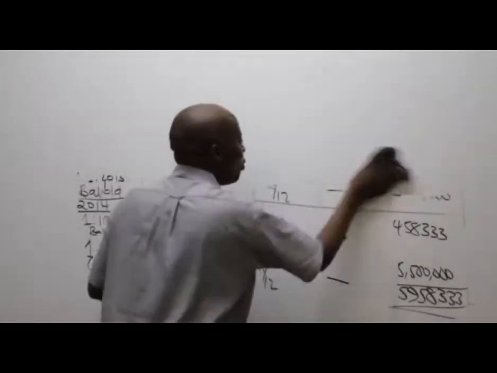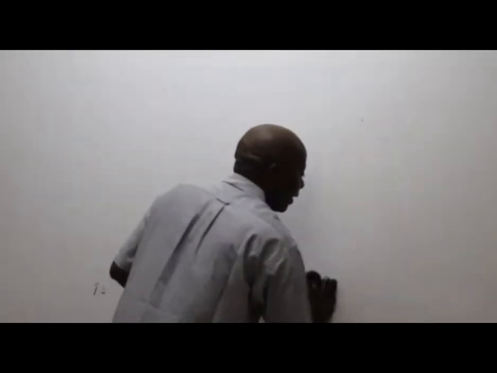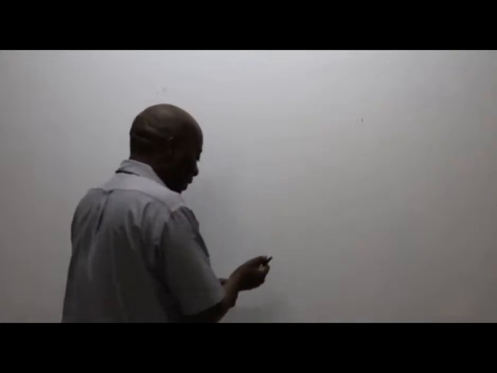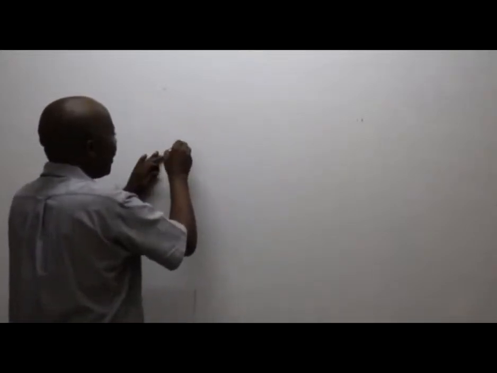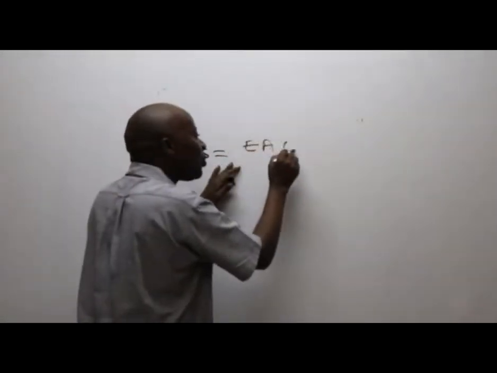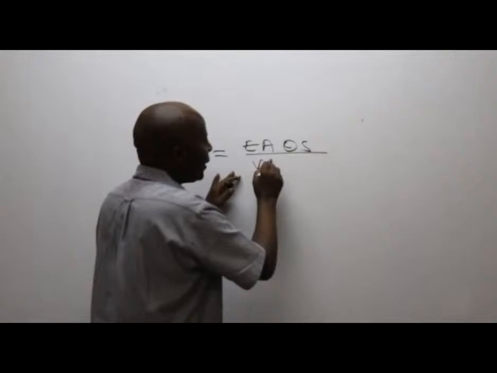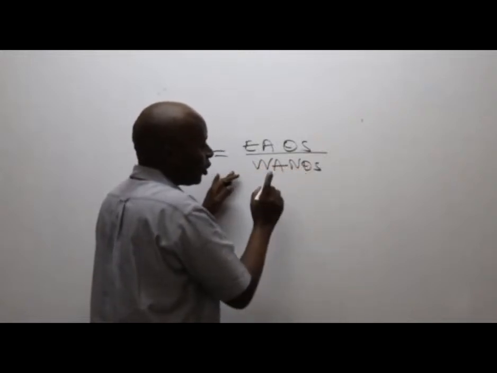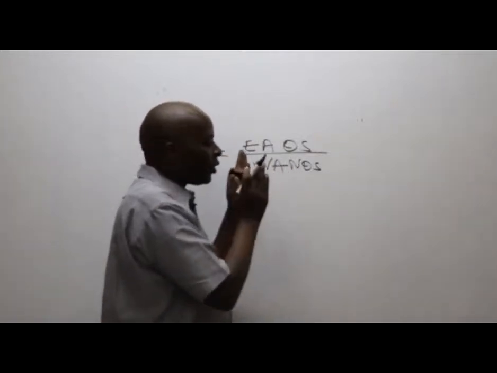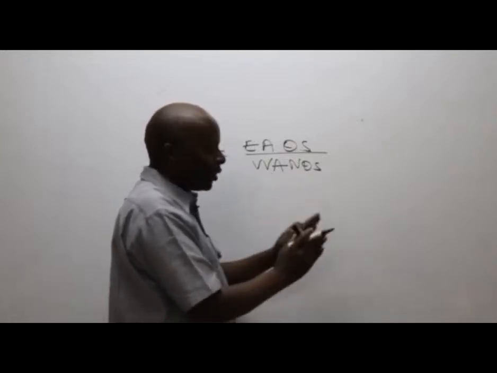Now, what I would want you to do is remember the formula of getting our earnings per share, the basic one. For us to get earnings per share, we shall take the earnings attributable to ordinary shareholders all over the weighted average number of ordinary shares.